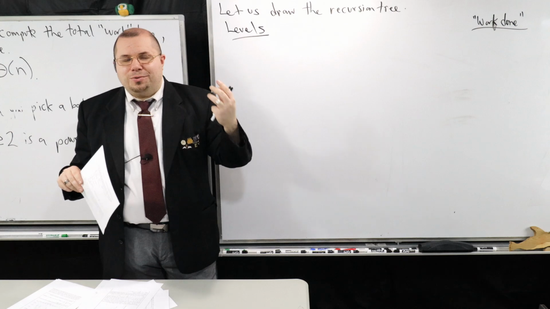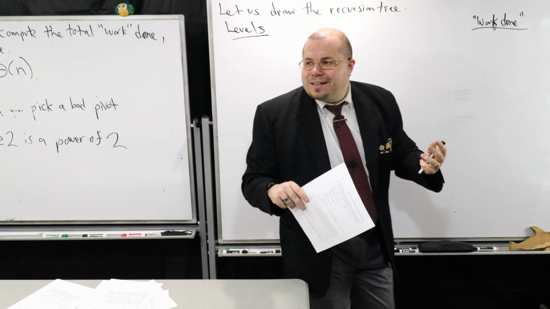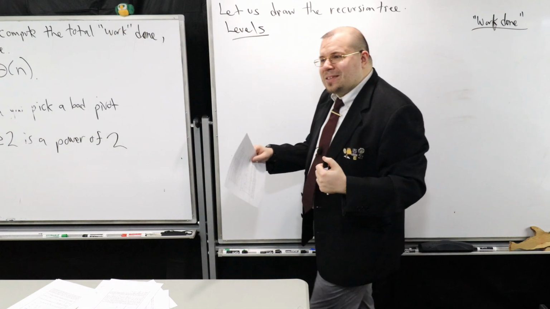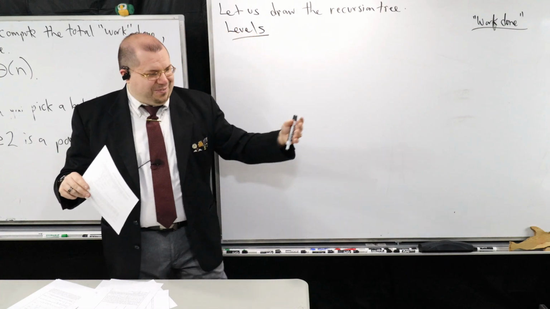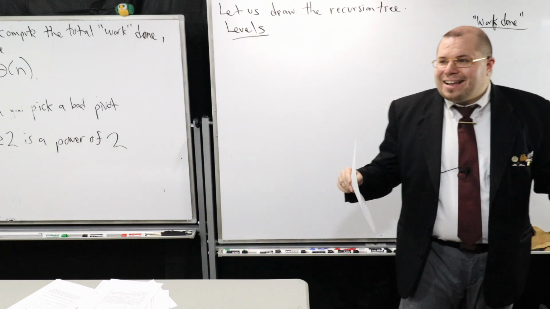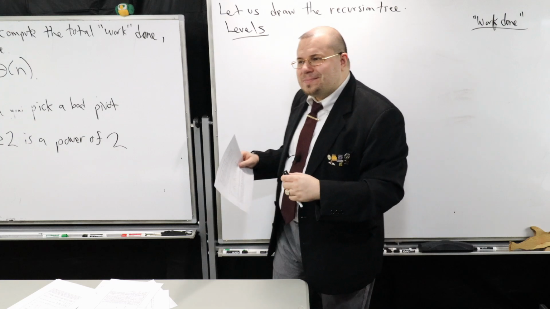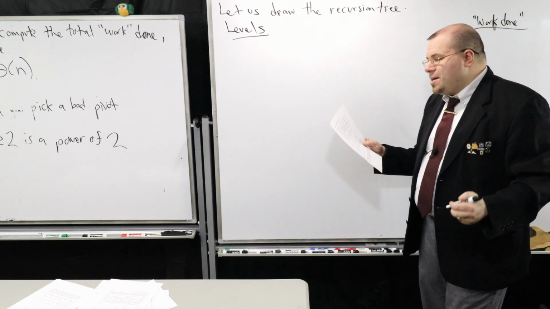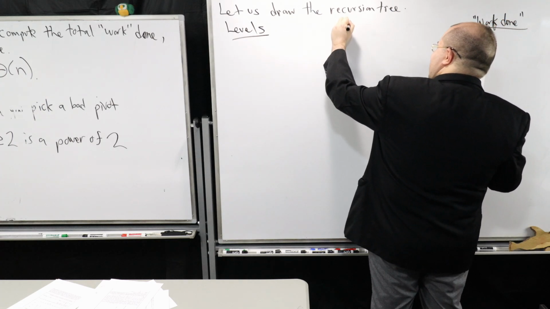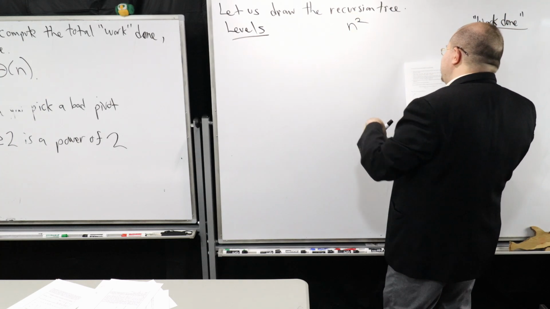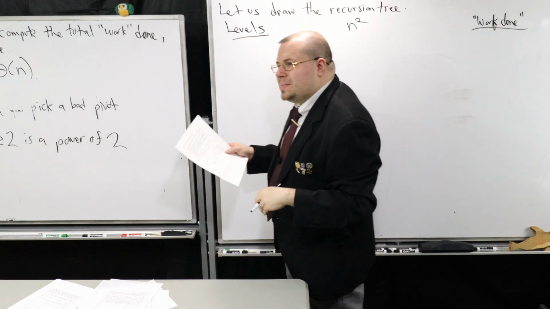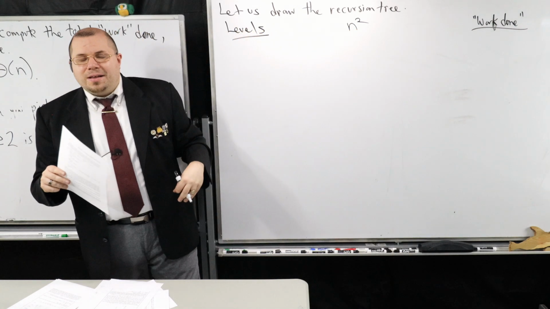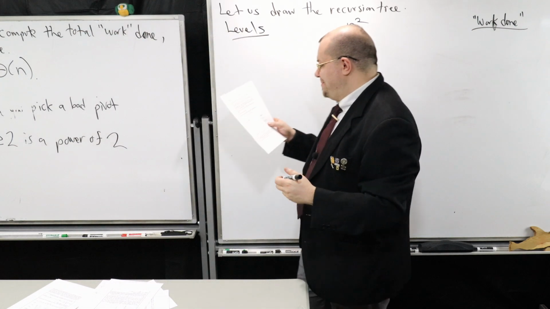So how many children will I have this time? Is it 1? Is it 5? Is it 8? What is it? So I'll start off by showing you the root. It's 3. It's going to be 3.